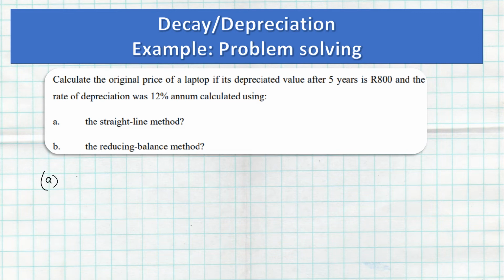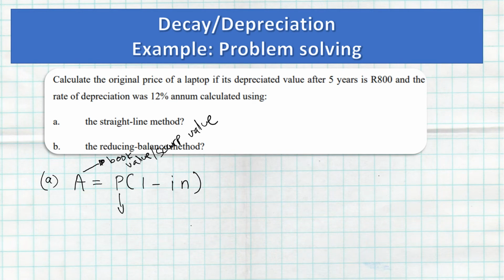So for A, the formula that we use on a straight line method is A = P(1 - in), right? So you have to know what is A. So our A here stands for the book value, right? Or you can say the scrap value sometimes, scrap value, right?